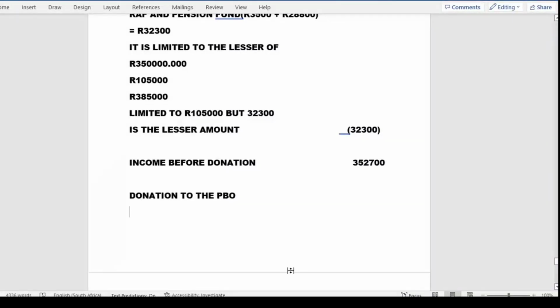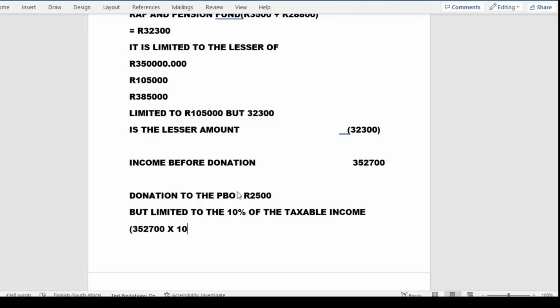So the donation amount is 2,500, but limited to the 10% of the taxable income, which is 352,700. Then we multiply this by 10%. So how much is 352,700 multiplied by 10%?